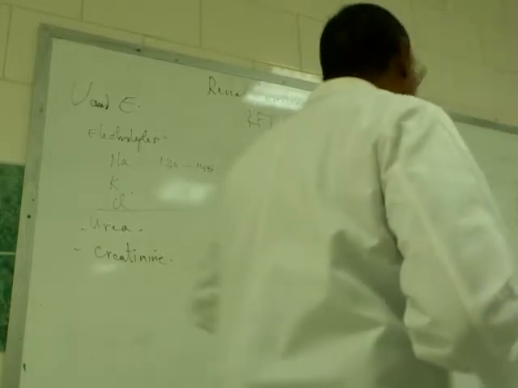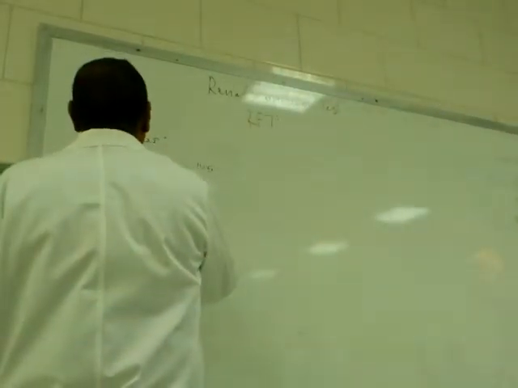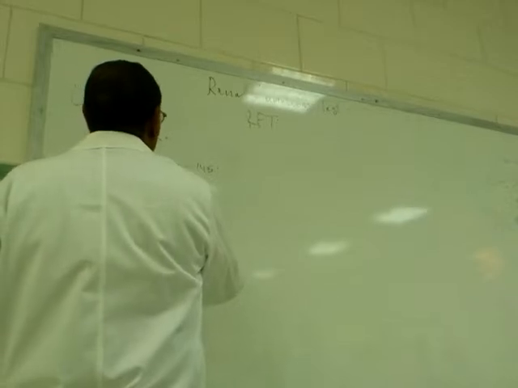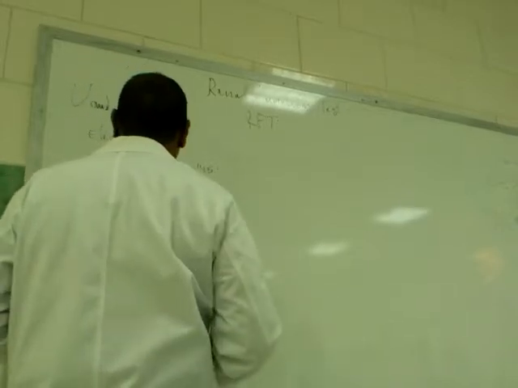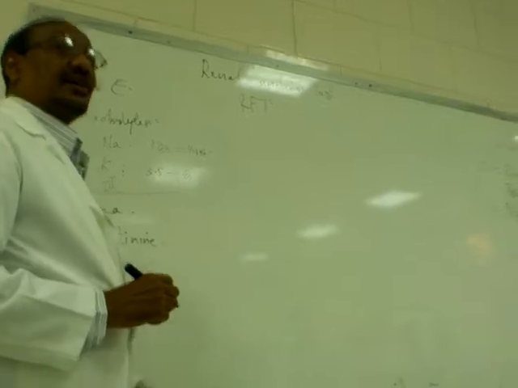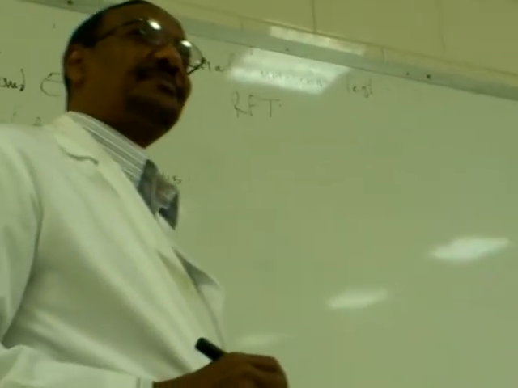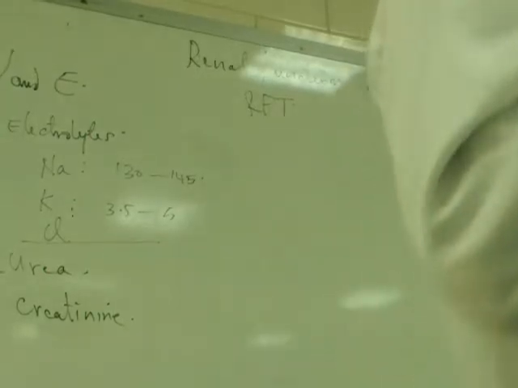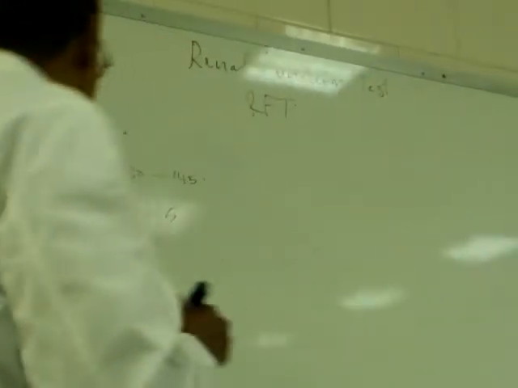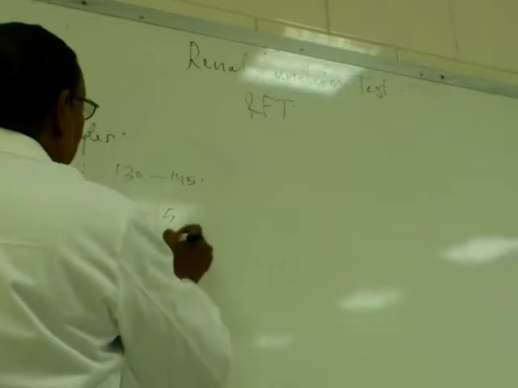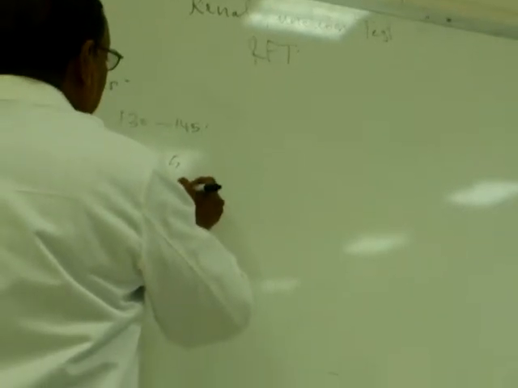So the value of potassium will be low, 3.5 to 5. Chloride, intra or extra? Extracellular, so it will be the same value as sodium.